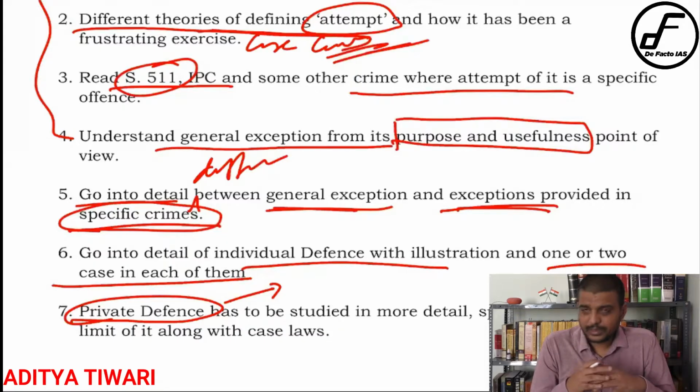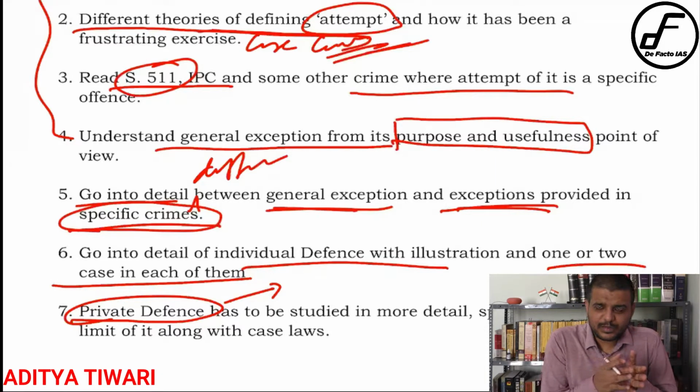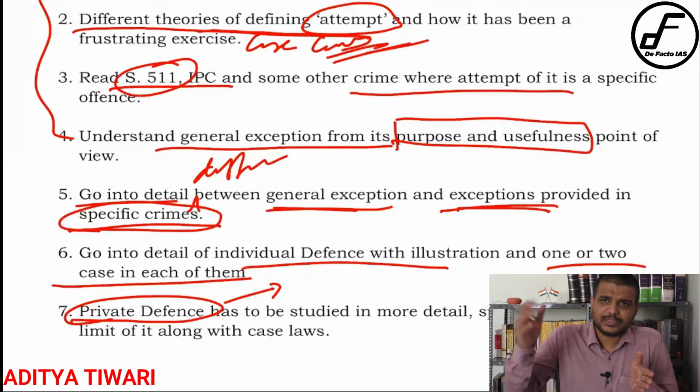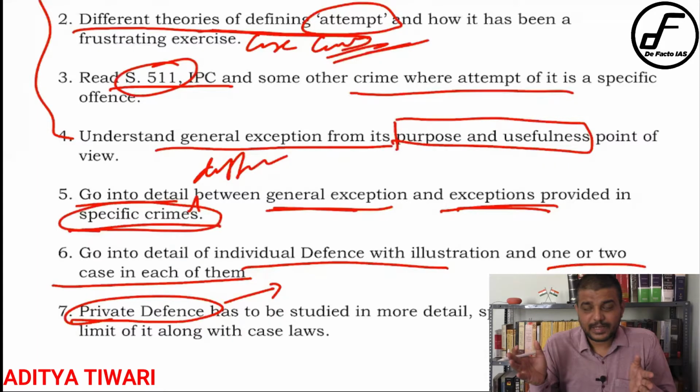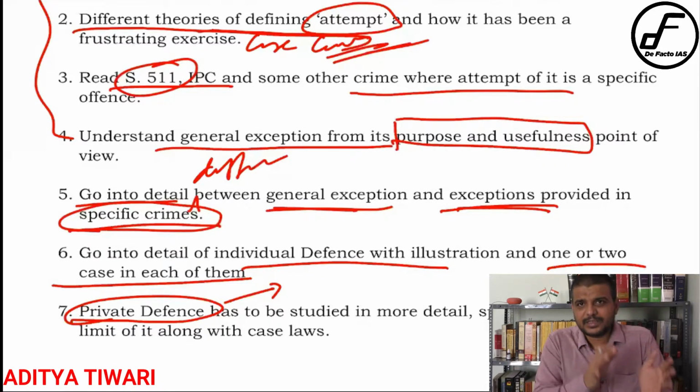In certain circumstances you can cause any harm other than death, and in certain cases you can cause up to death. So you have to go into the nitty-gritty: in the case of property, up to what extent you can cause death, and in the case of body, up to what extent you can cause death, and up to what extent you can cause harm other than death.